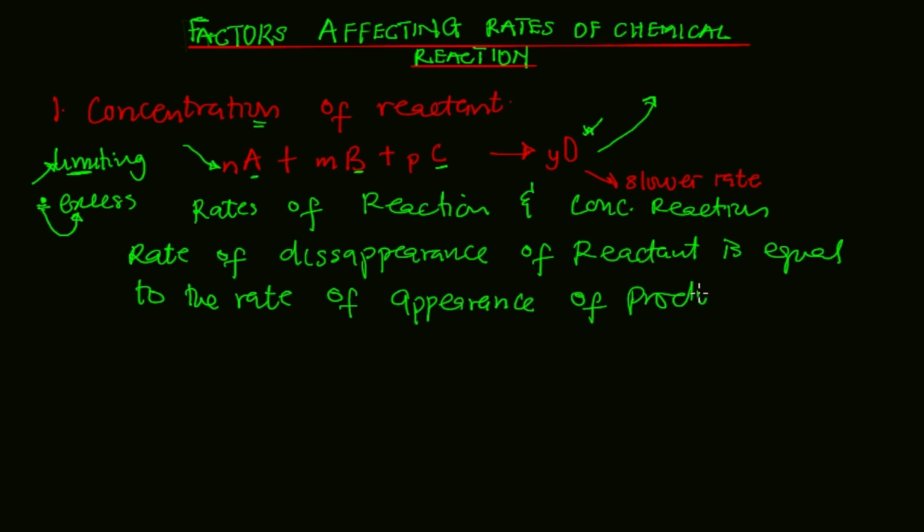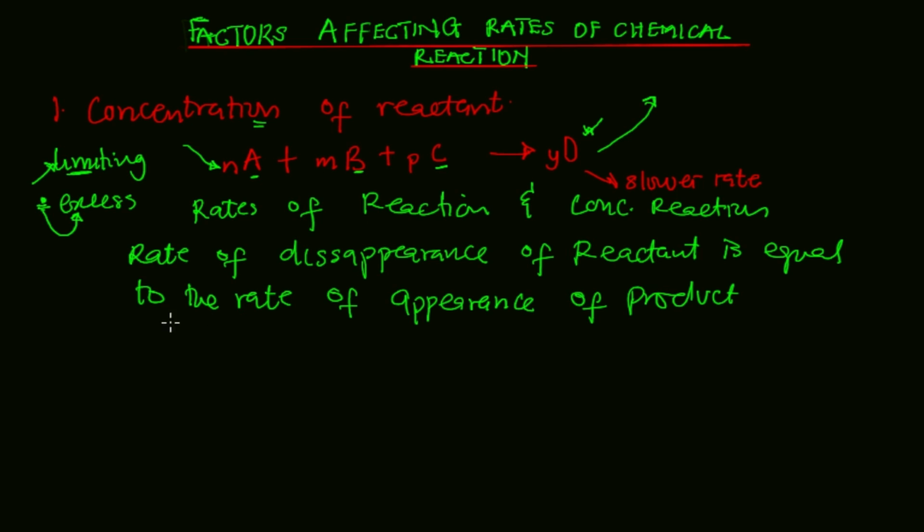Because according to this reaction, the reactants decrease with time, while the products increase with time. If we increase any of the concentrations of the reactants, it's going to determine the nature of the reaction.